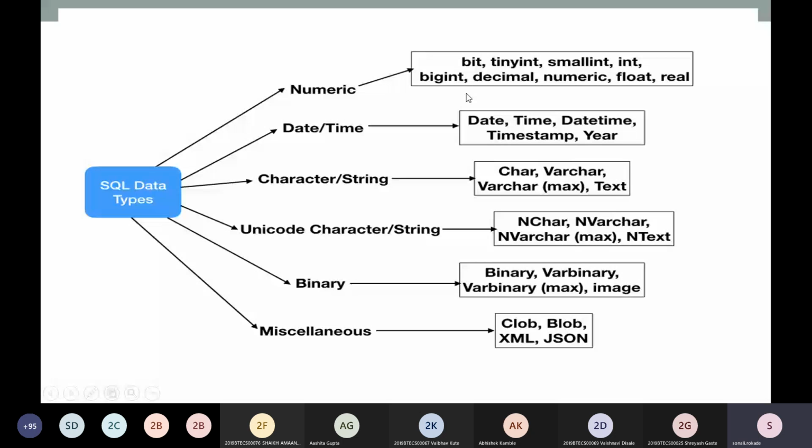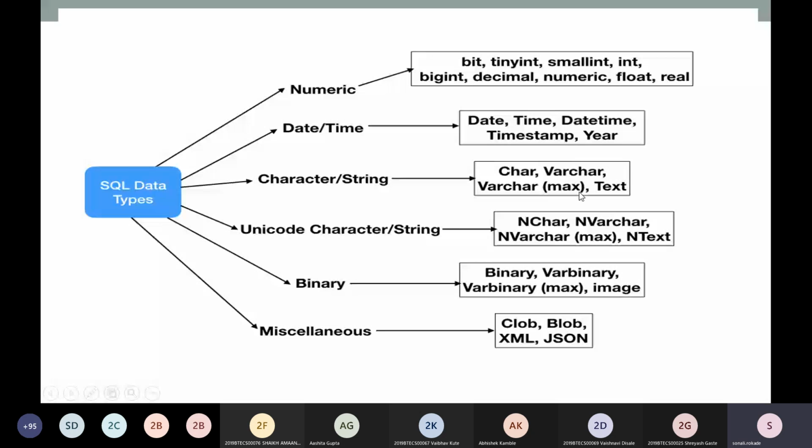Next is date and time, which has date and time combined. Timestamp is available there; it automatically fetches the date and time with seconds and year. Then character or string. I told you to find the difference between varchar and varchar2. Character is also there, text is also there.